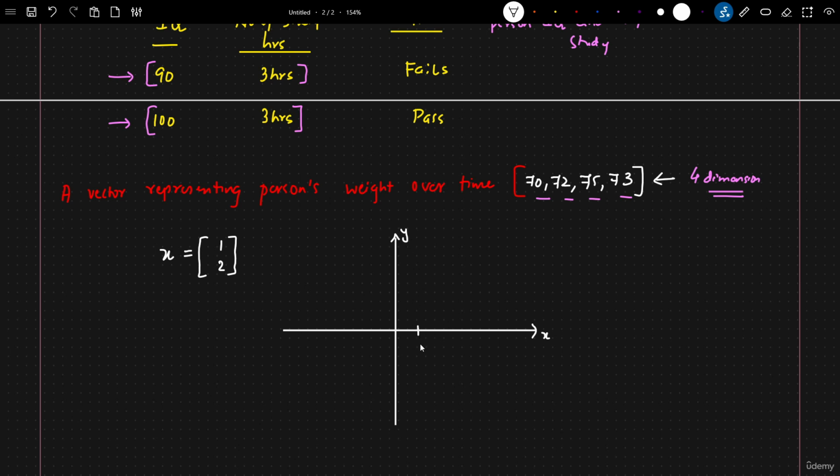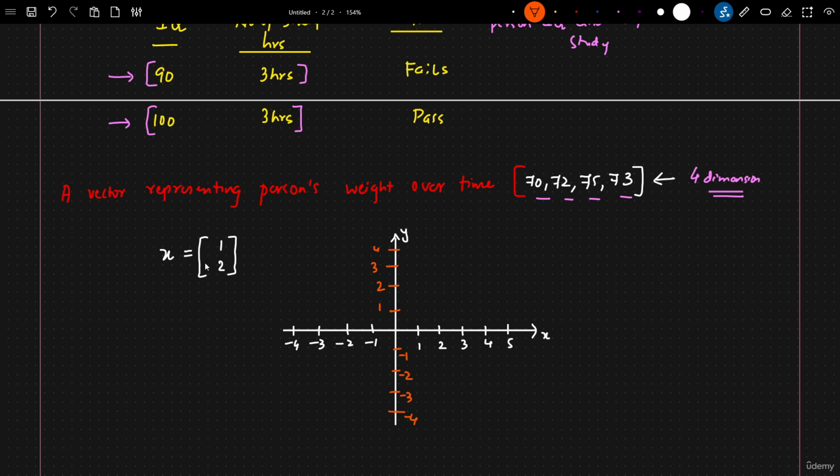On the x-axis I have values like 1, 2, 3, 4, 5, and on this side the values become negative, -1, -2, -3, -4. Similarly for y, on the top it is positive 1, 2, 3, 4, and going below it becomes negative -1, -2, -3, -4.